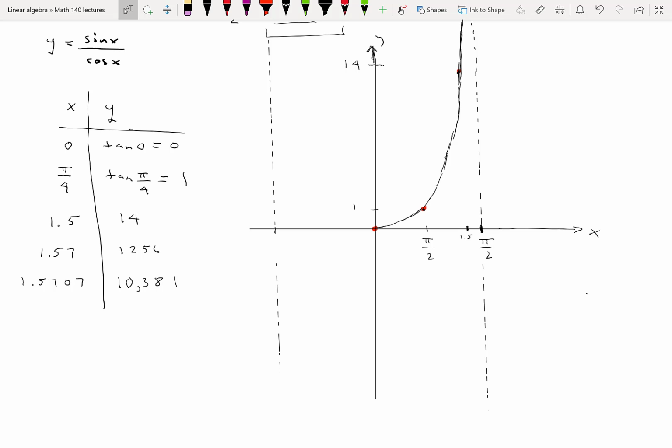The tangent of a negative x value is the opposite of the tangent of a positive x value. So if you replace x with negative x, the tangent gets replaced with negative tangent x. That means the y values are negative when x is negative.